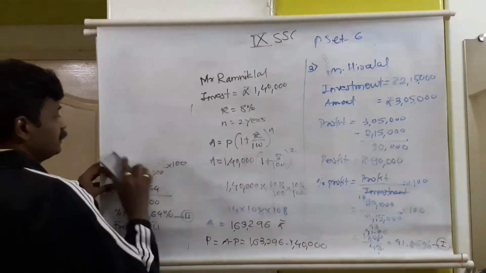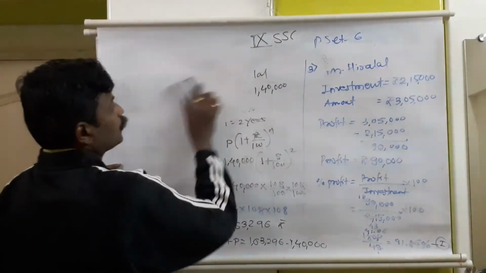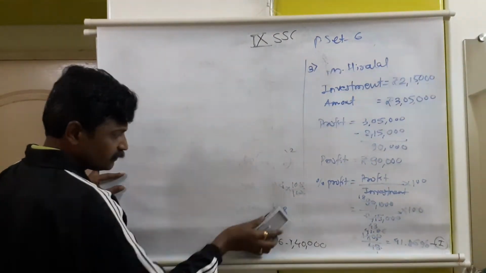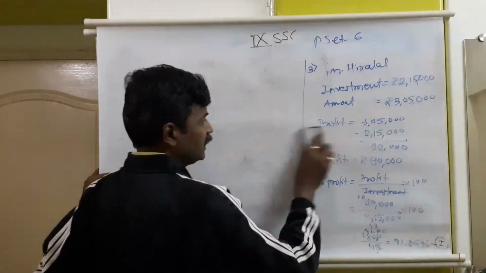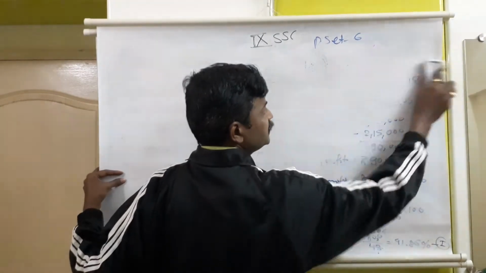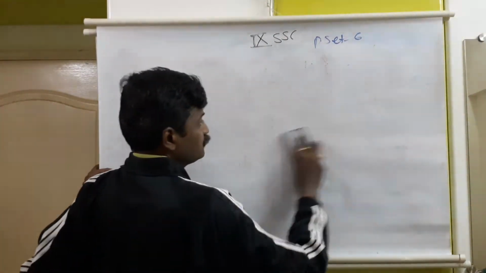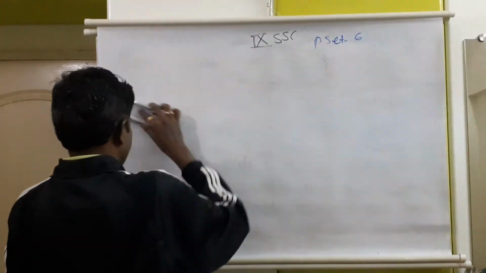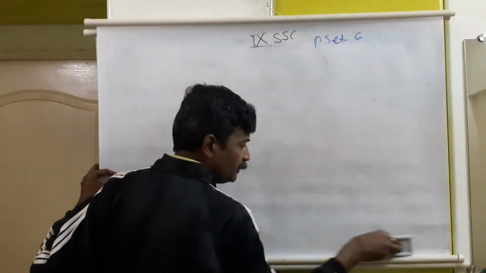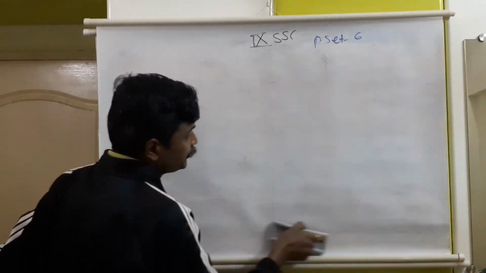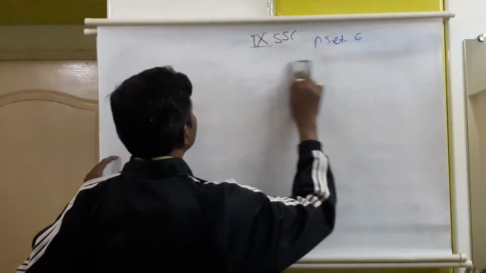So we'll continue with sum number 4 of problem set number 6. These are our day-to-day life questions. The same things happen in our day-to-day life. You can compare your investment with your friend's investment, or the investment of your family members, in two different cases.